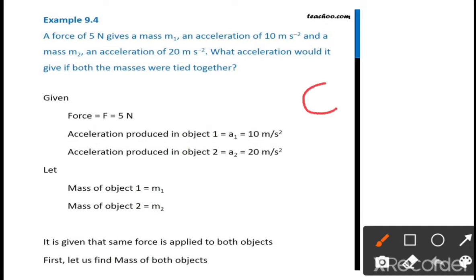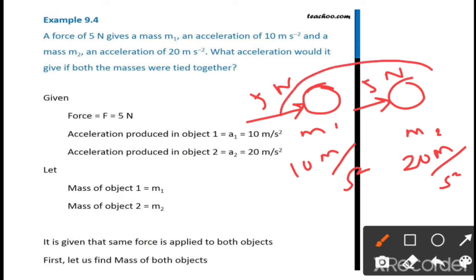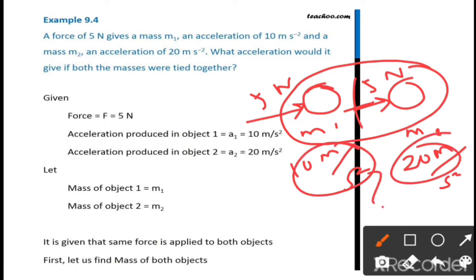Here there are two masses, m1 and m2. The force is 5 Newton in both cases. Mass 1 is accelerating at 10 meter per second square and mass 2 is accelerating at 20 meter per second square. If I tie these two masses together, what is the acceleration?